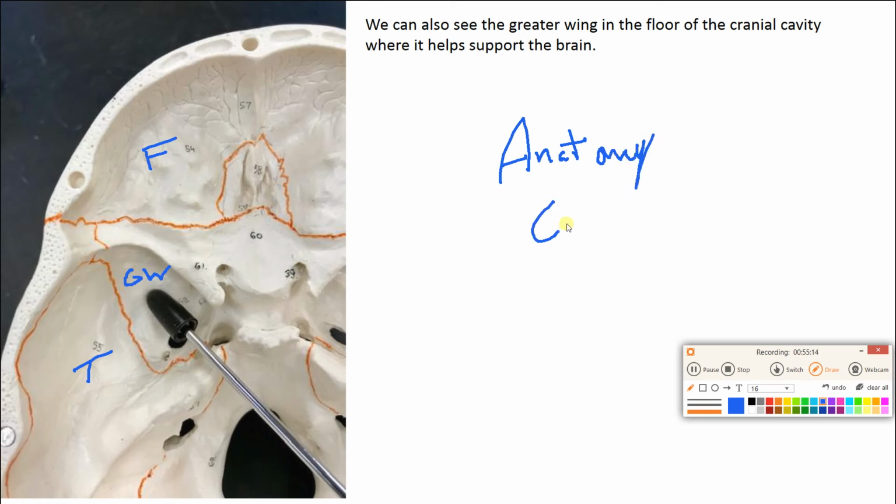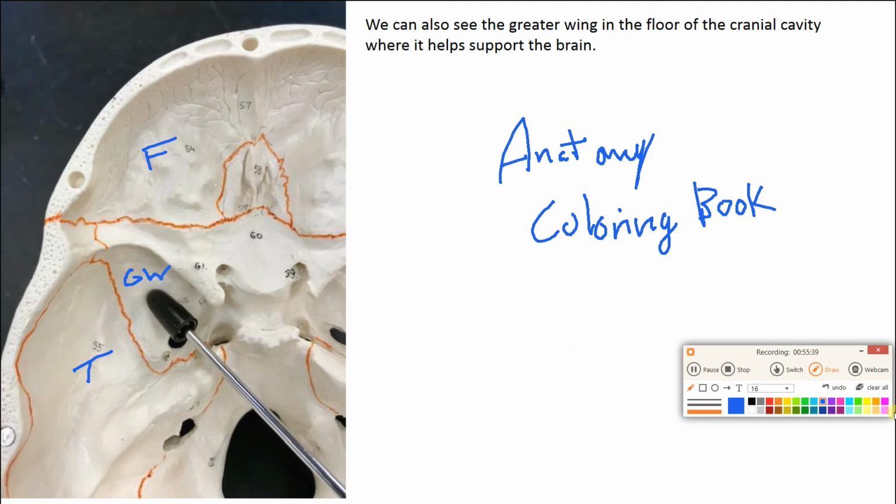If anybody wants me to do this, let me know. I have a PDF of these anatomy coloring books, and I can probably post it on Blackboard. So if you want me to do that, just email me and say, hey, can you post that? All right. Where was I?